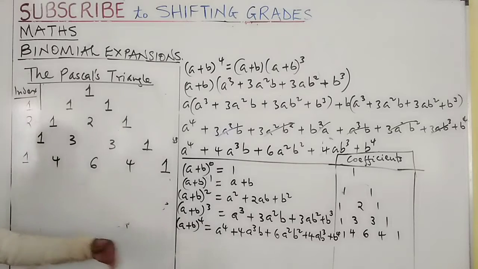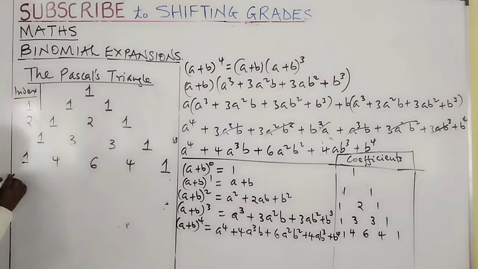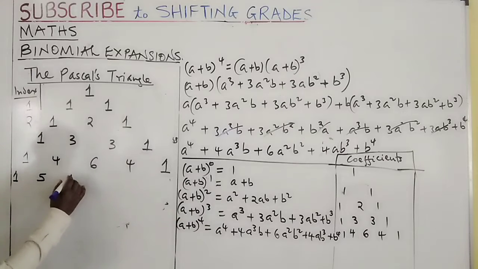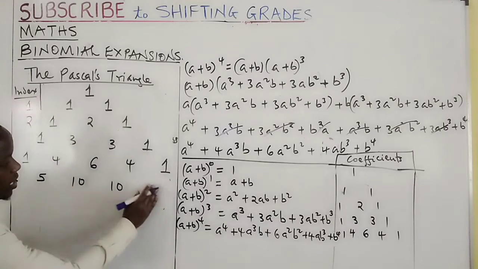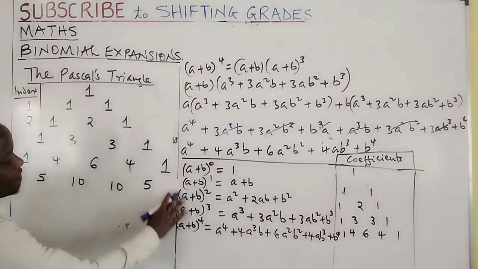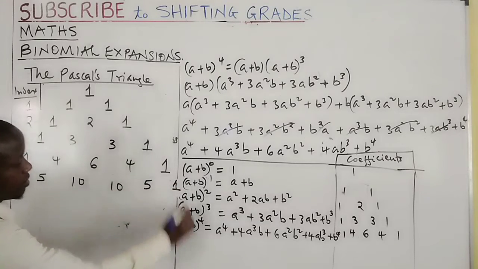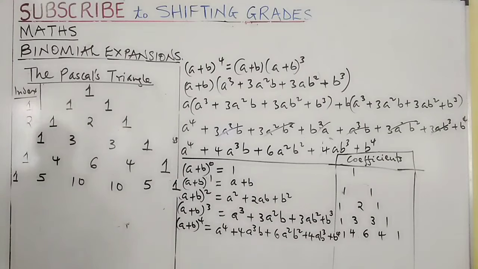So in case we continue to power 5, you realize that we are landing at 1. Then 1 plus 4, 5. The other coefficient will be 4 plus 6, 10. 6 plus 4, 10. 4 plus 1, 5. Then 1 ends the coefficients.